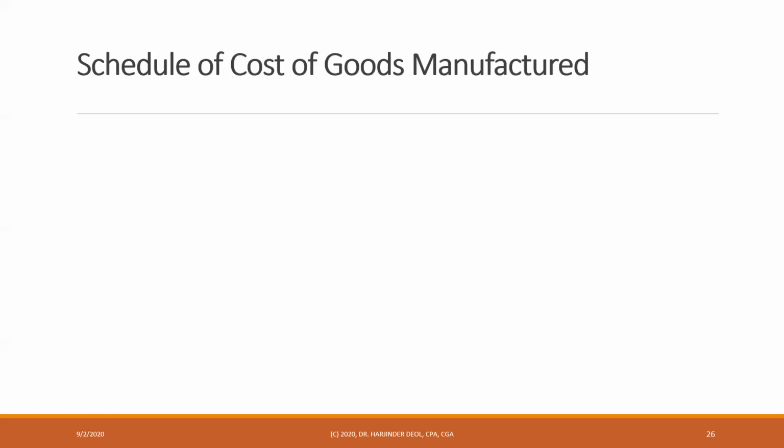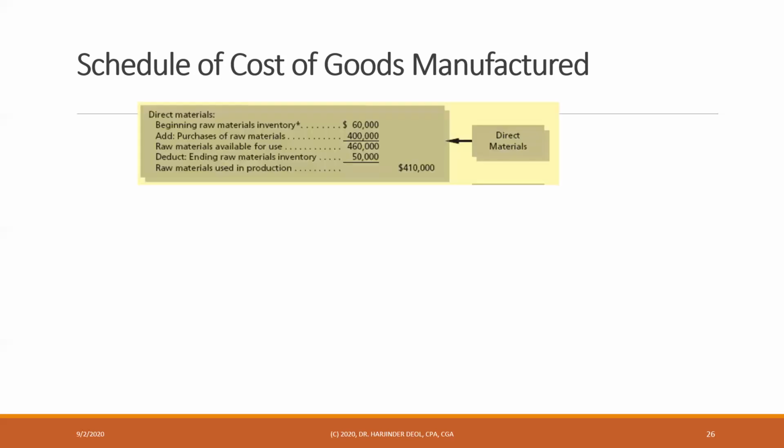Next up, we're going to take a look at the schedule of cost of goods manufactured. So when calculating cost of goods manufactured, you want to first calculate the raw materials, the direct materials that were used in production. So in here, you look at the flow of raw materials. Unless the company started operations brand new for the first time, it would have started the year with some inventory of raw materials.